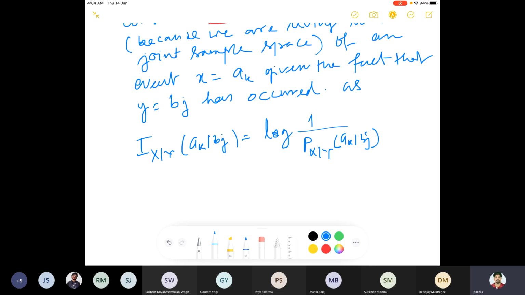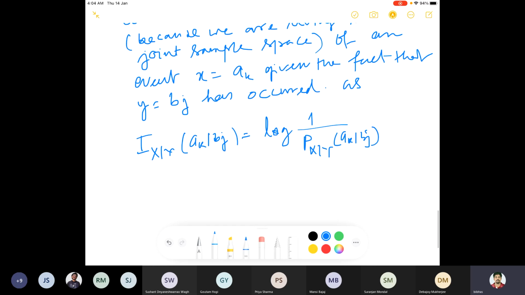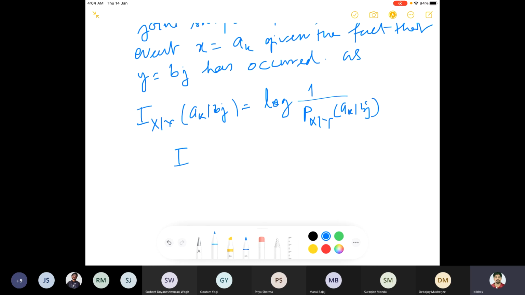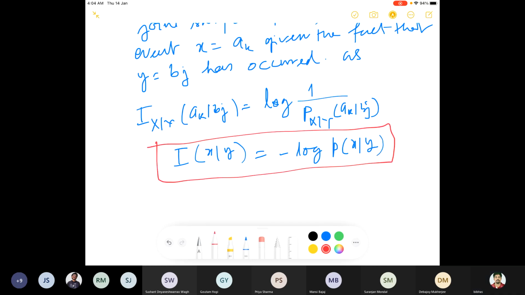The same definition applies, which is the same as saying I of x given y is equal to minus log of p of x given y. I just introduced this definition because you will see that it gives some insight about the quantity of the self information. So this is my definition.